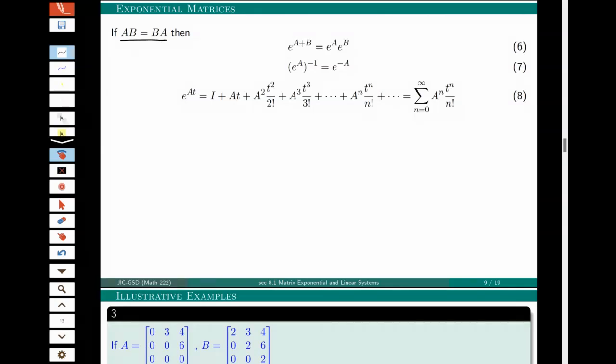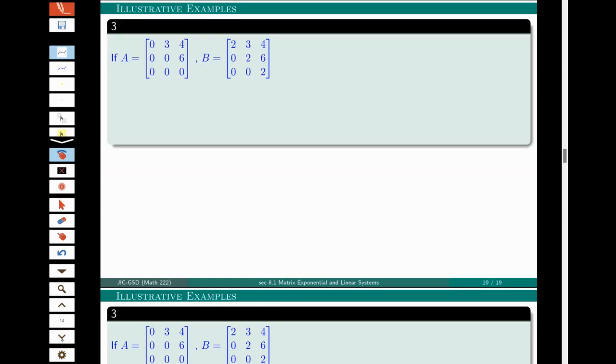Then again e to the power a, to the power minus 1, will be e to the minus a, and we will have e to the power at is simply the sum of a to the power n t to the power n over n factorial. That is the main theorem.